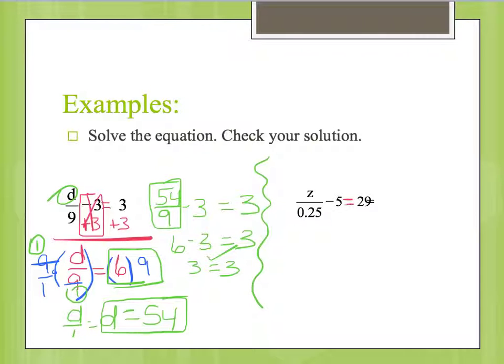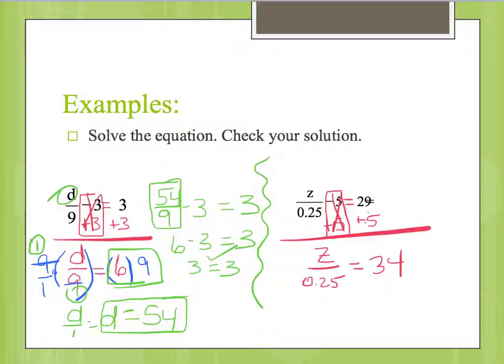In our second example, I have z divided by 0.25 minus 5 would be equal to 29. I'm going to add 5 to both sides first. Negative 5, positive 5 give you 0. So z over 0.25 has to be equal to 29 plus 5, which is going to be 34.